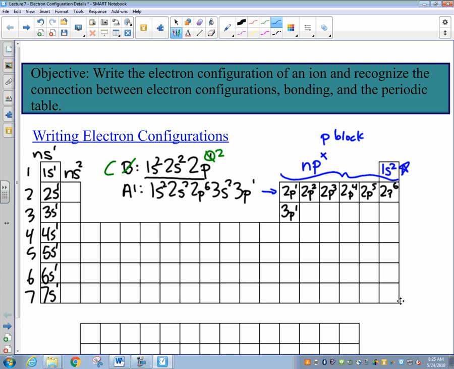However, we're going to put it over here with the noble gases because it behaves most similarly to a noble gas in that it has a completely filled valence shell of electrons and therefore is relatively non-reactive. So we're going to put it over there with the noble gases, even though its electron configuration looks more similar to the alkaline earth metals.